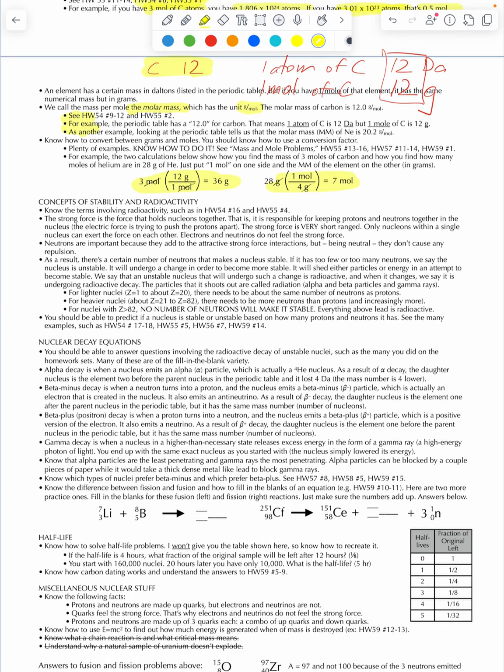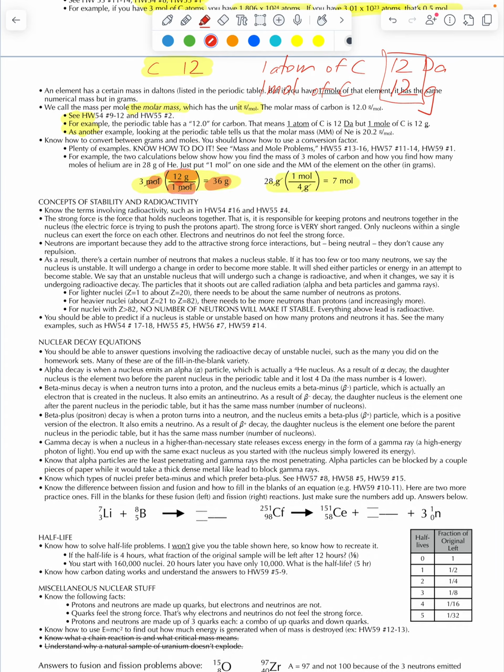So if carbon has a molar mass of 12 grams per mole, which we see in the periodic table, we just write the molar mass as 12 grams over 1 mole. Notice we put 1 mole on the denominator, so it'll cancel the 3 moles we're starting with. So 3 moles of carbon have a mass of 36 grams.